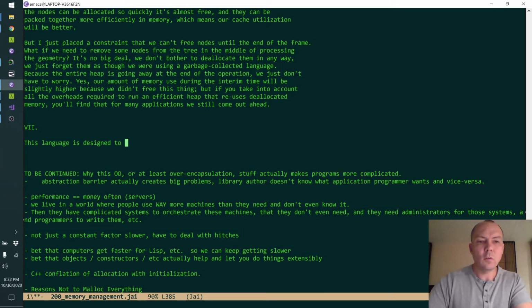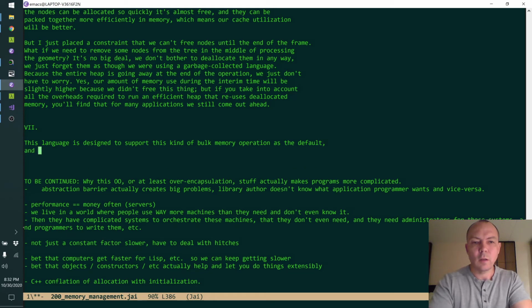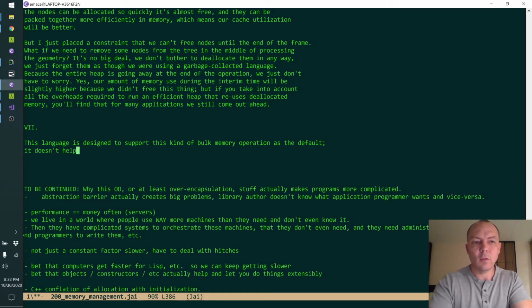It is designed to support this kind of bulk memory operation as the default. It doesn't help you very much if you want to do the recursive node destruct thing.